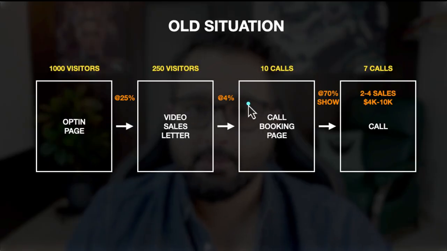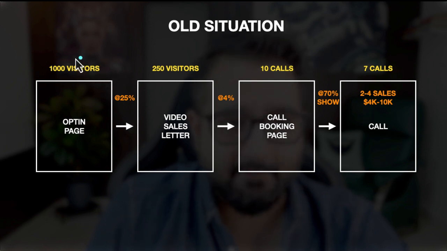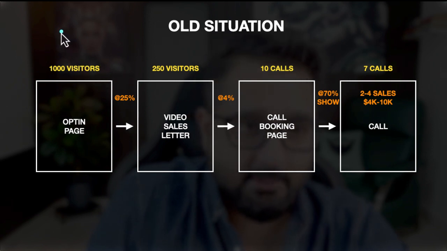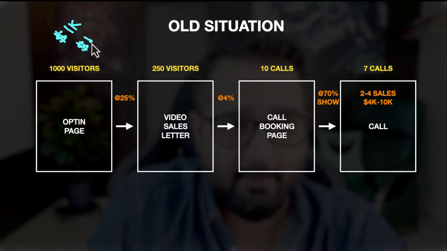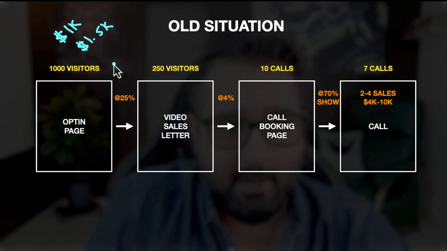And now I want to show you what happened to my business once I started using this. I made 2.5x more money, and I'm going to show you the numbers, okay? So let's go back to the blackboard. This is the old situation where if I drove 1,000 visitors on Facebook, I would pay maybe 1K to 1.5K for this, right? I drove 1,000 people to my opt-in page.